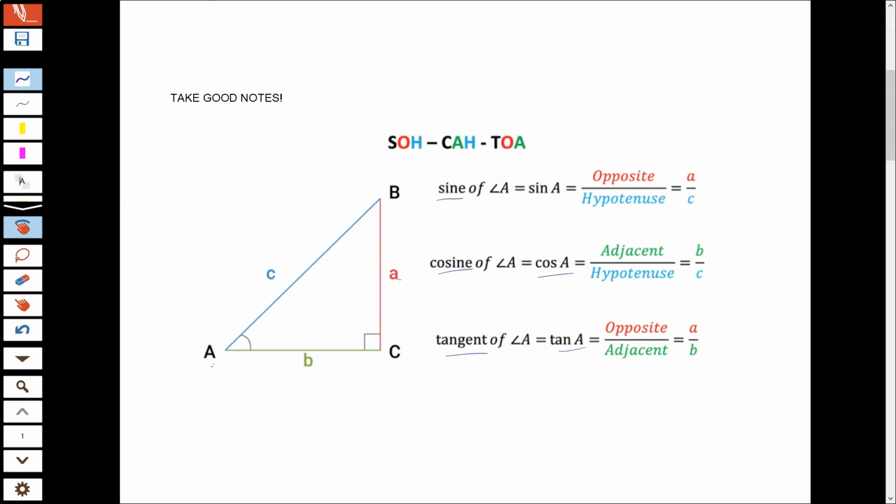Make sure you have this in your notes, and then we're going to look to apply it. All we're doing now is figuring out, for an angle, how to write down a given relationship.